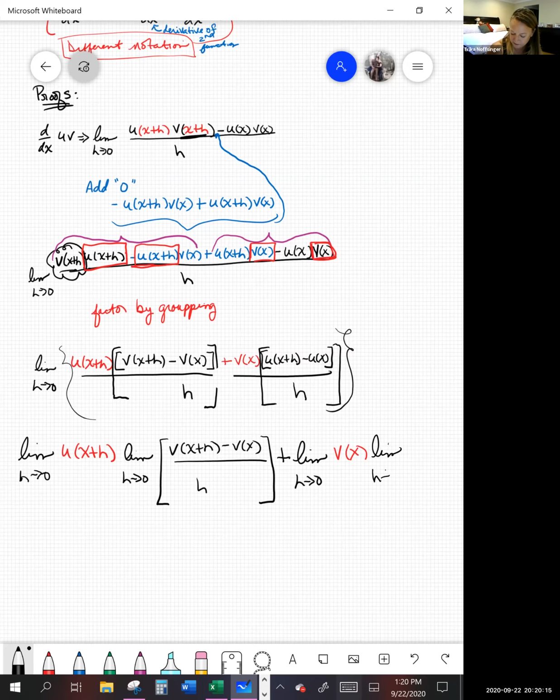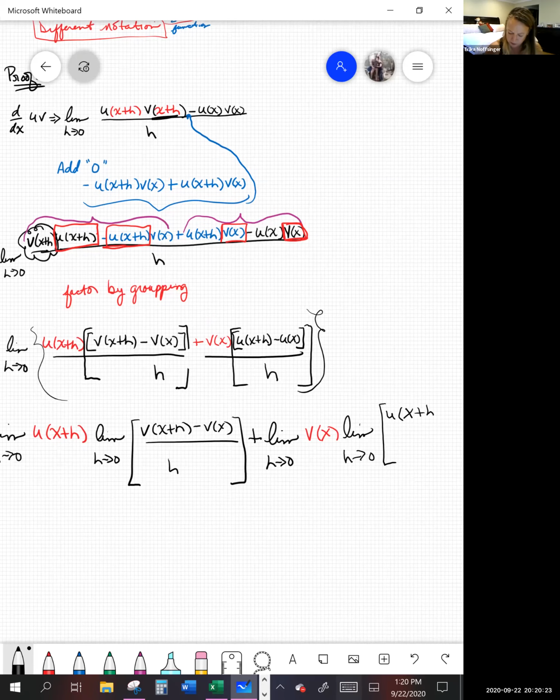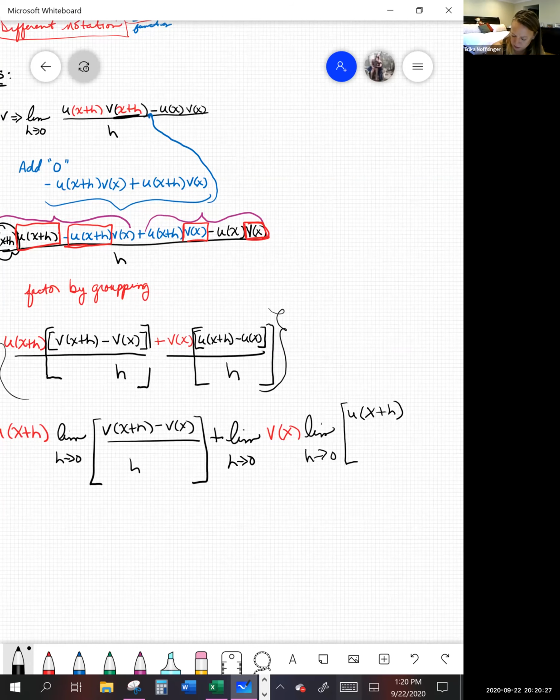And you said it looked like the difference quotient, but when we add that h goes to 0 in front of it, what does that difference quotient change into? That was all a part of the definition of the derivative.